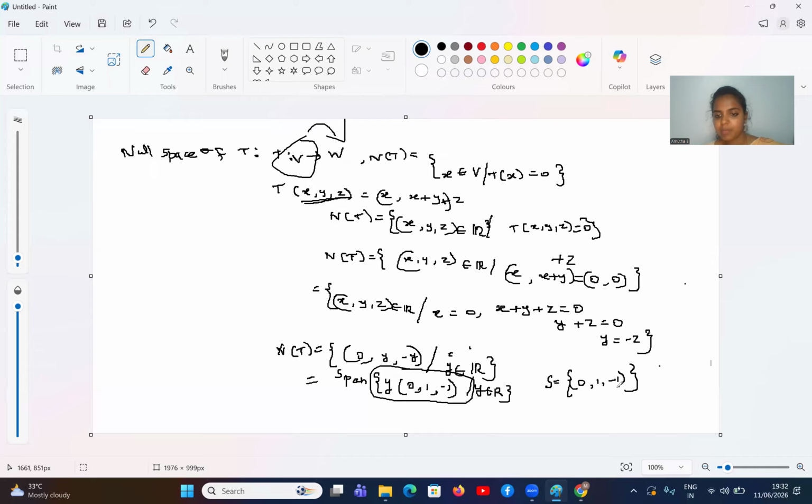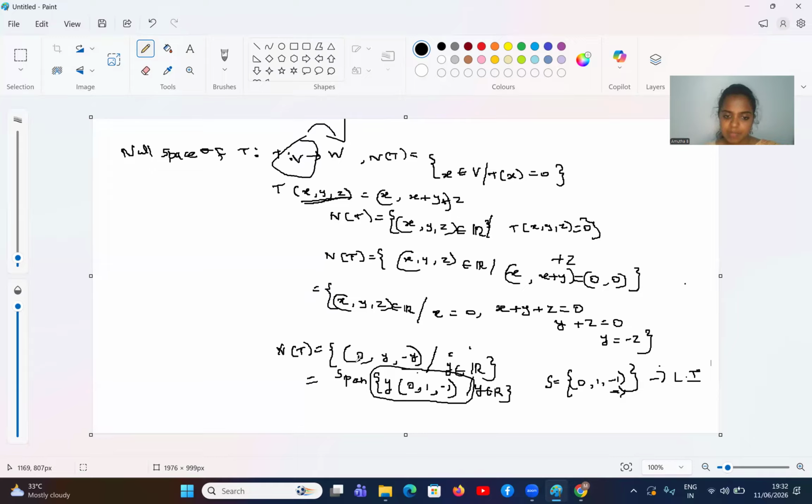Here we have only one element. Just keep this result in your mind: any non-zero singleton element in the set is always linearly independent. So this set is linearly independent.